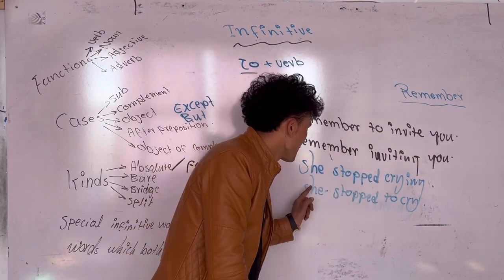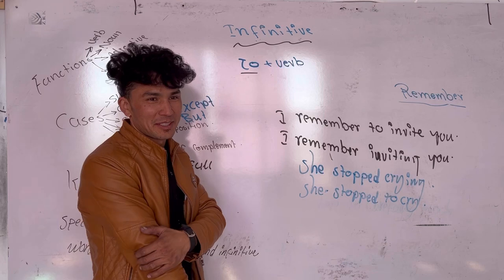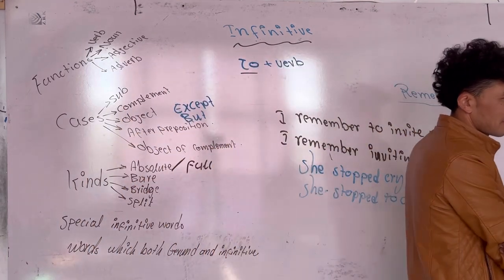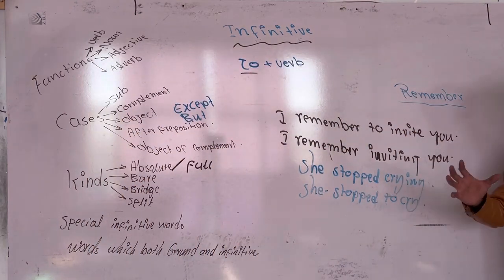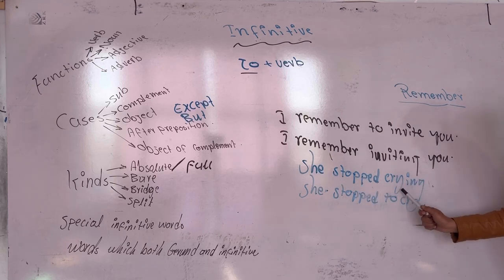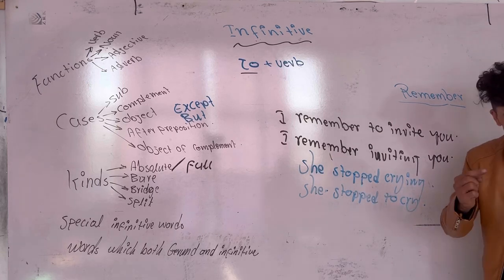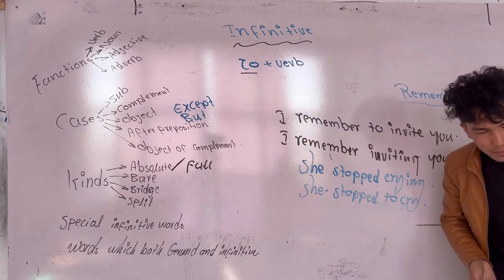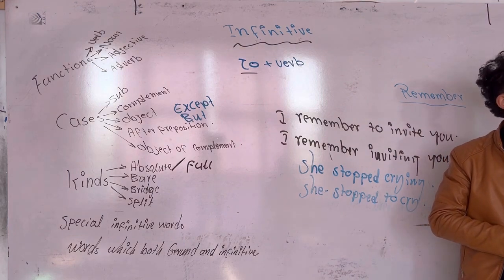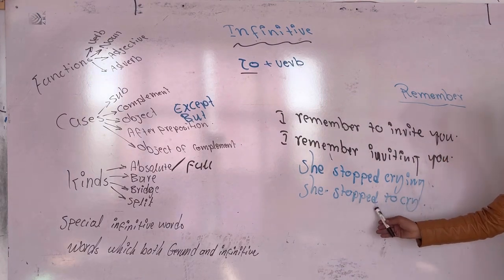She stopped crying and she stopped to cry. Tell me the difference here. Do they have the same meaning? No. They have different meanings. How? She stopped crying. It means she was in the middle of crying and suddenly she stopped crying. Understood? She stopped to cry.